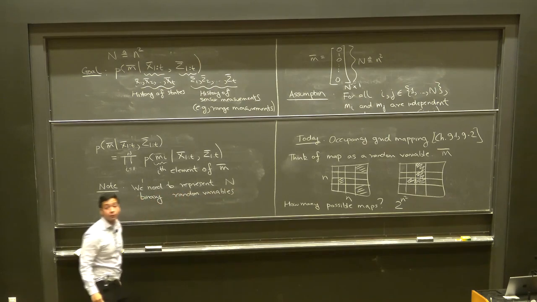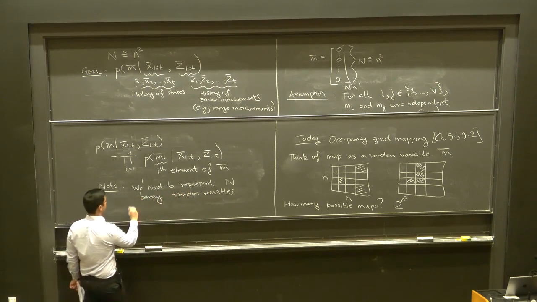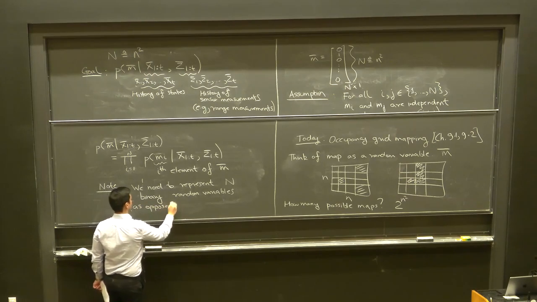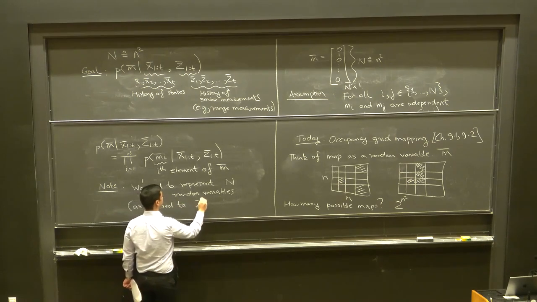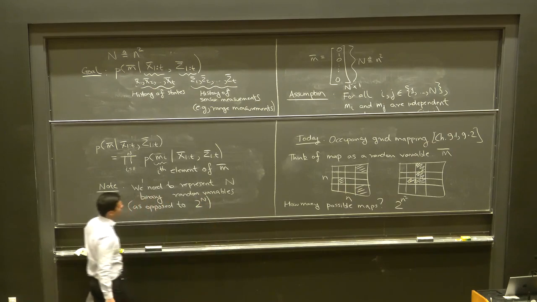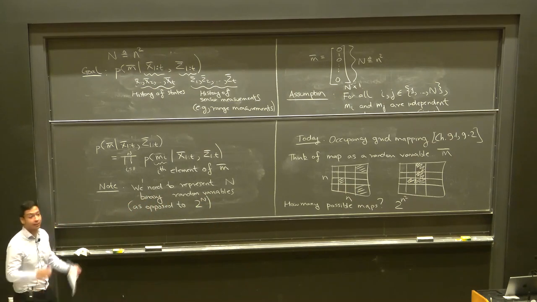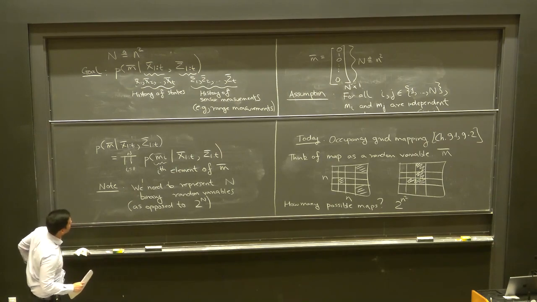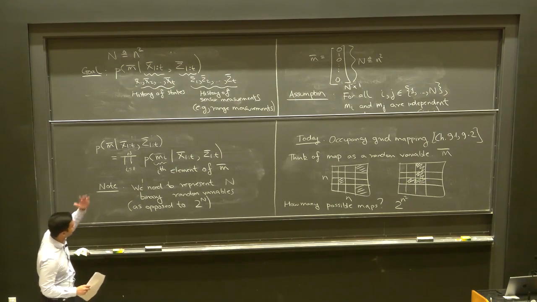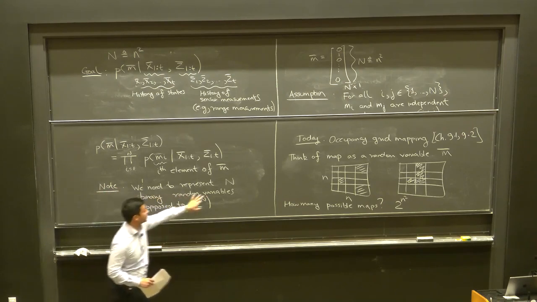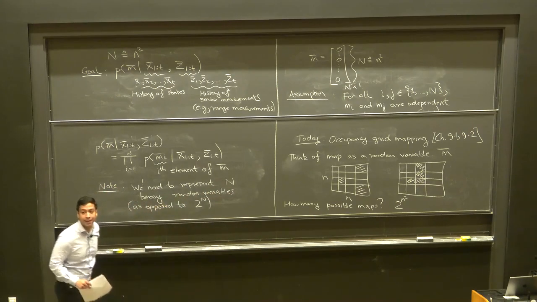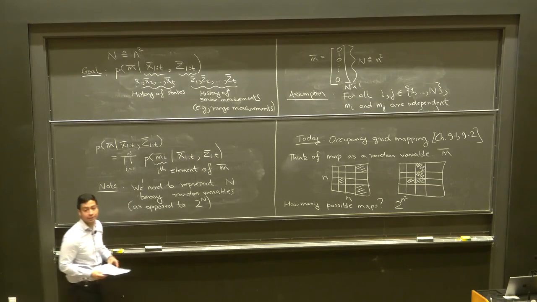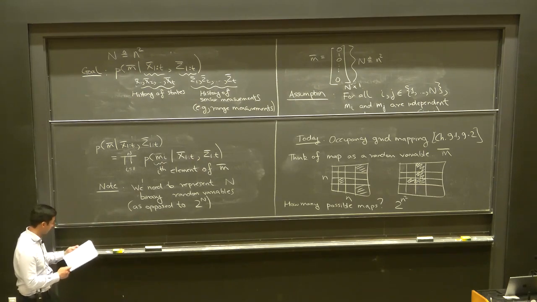With this assumption of independence, in contrast to the 2 to the capital N numbers that we would have had to represent if we didn't make this assumption. So that's the benefit. We've gone from 2 to the capital N, which is some ridiculous number, to just capital N. So that's a massive boost in memory efficiency and computational efficiency as well.